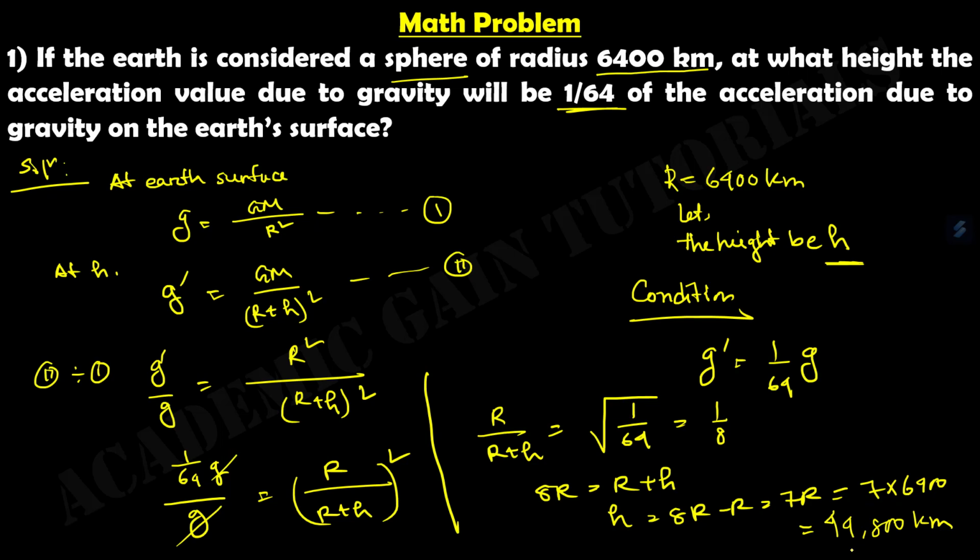So at the height of 44,800 kilometers, our acceleration due to gravity will be 1 by 64 times the acceleration due to gravity on the earth's surface. So this is our height, this is our answer. I hope you understand this first math problem.